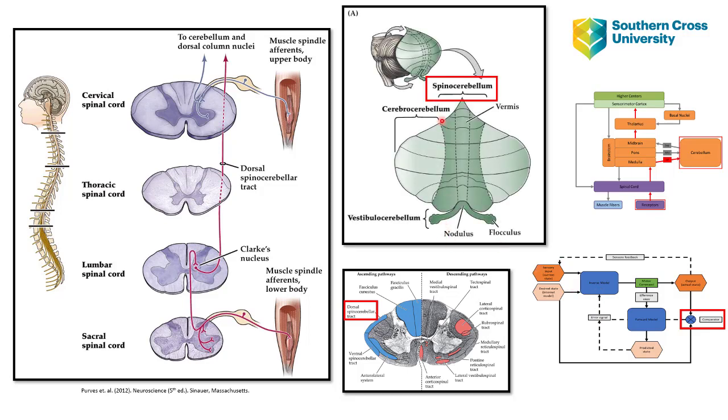And remembering that that information is coming into what we call the spinocerebellum areas, these midline structures of the vermis and so on of the cerebellum. So we're coming up the spinal cord in that dorsal spinocerebellar tract, in via the inferior cerebellar peduncle, and we come into this portion of the cerebellum, the spinocerebellum.